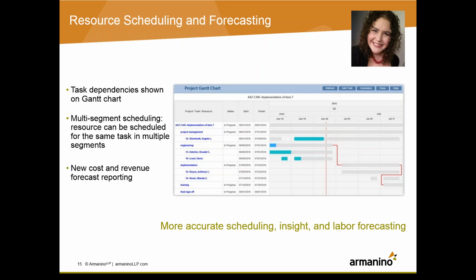The other one, and the one I think we're most excited about, is building on the release that they did in the second release this year on the Gantt charts for resource scheduling and forecasting. Now you have the ability to do dependent tasks. So in the picture here you can see the dependent tasks visualized by the red line.